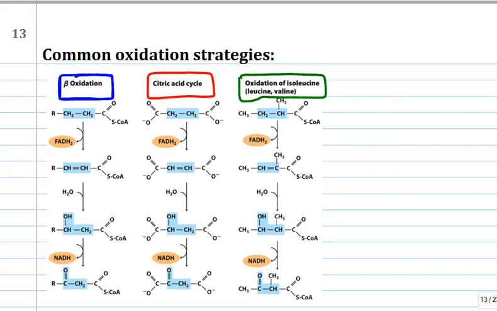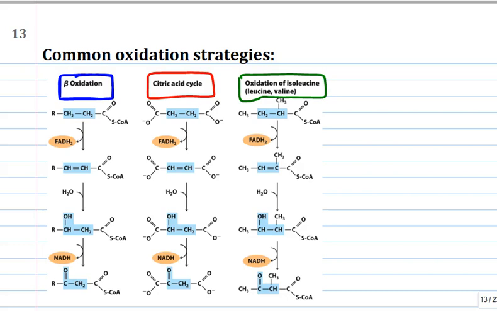Here's a CoA derivative of the amino acid isoleucine. What you see is to break down isoleucine, and again, we've started at an intermediate here, a CoA derivative of it, but to break it down further, it uses the exact same oxidation strategy.